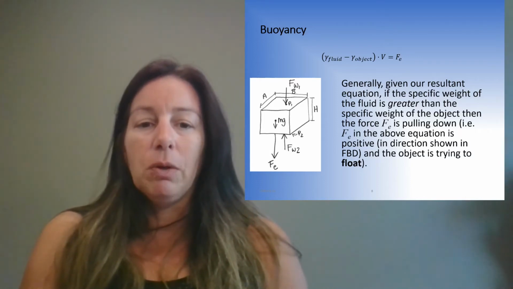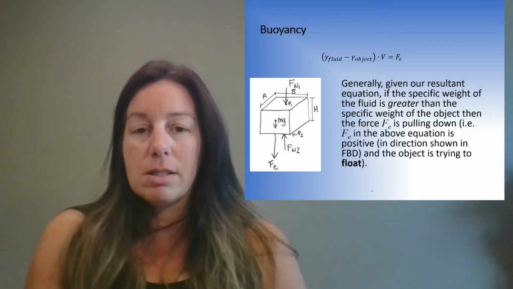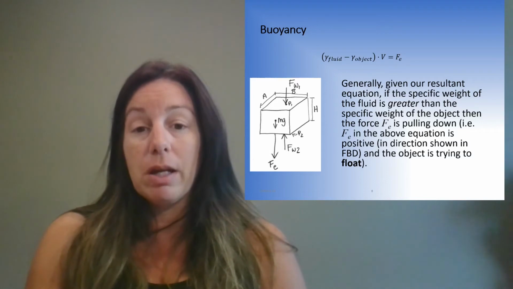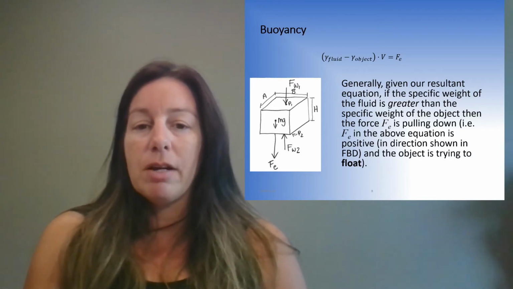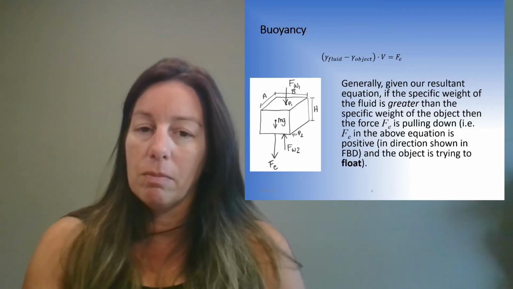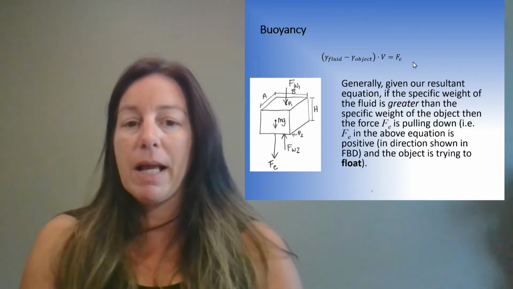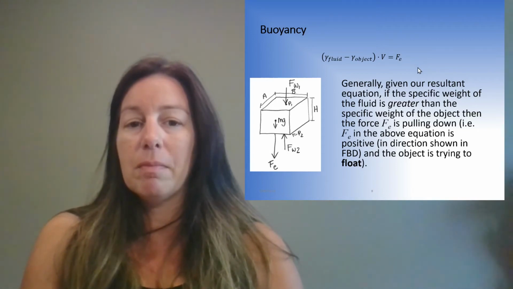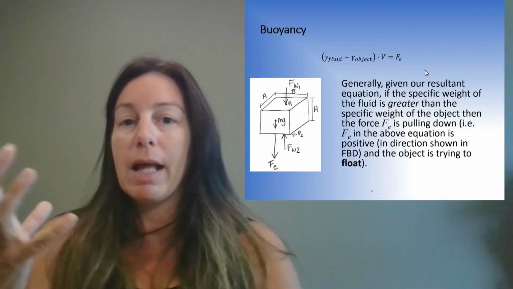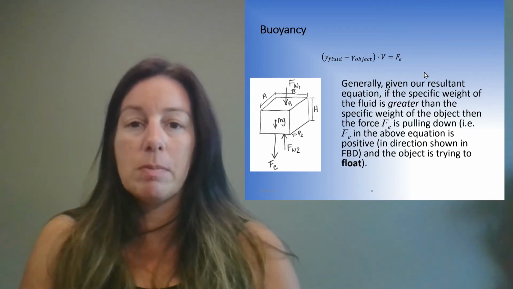In the direction shown in the free body diagram, the object is trying to float, as it's shown here, right? If you pulled out that external force, this Fe, this cube would try to pop back up, just because the specific weight of the fluid that it's in is greater than the specific weight of the object, okay?